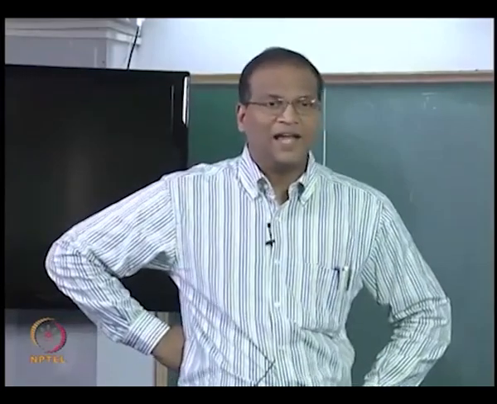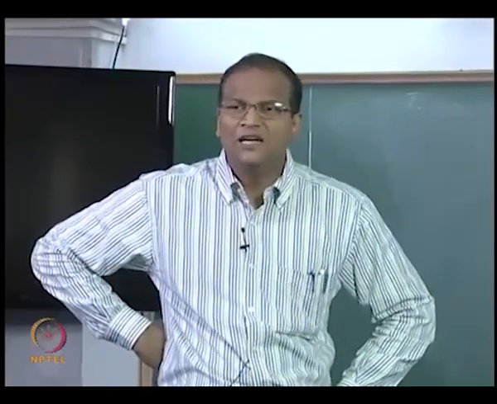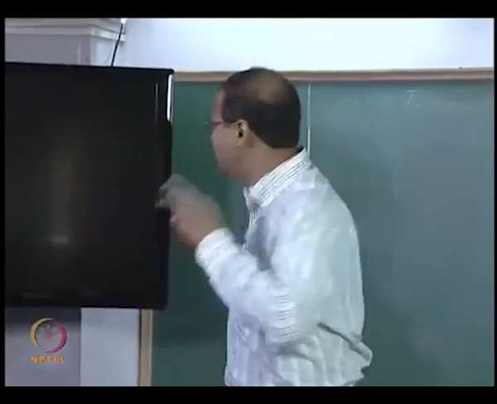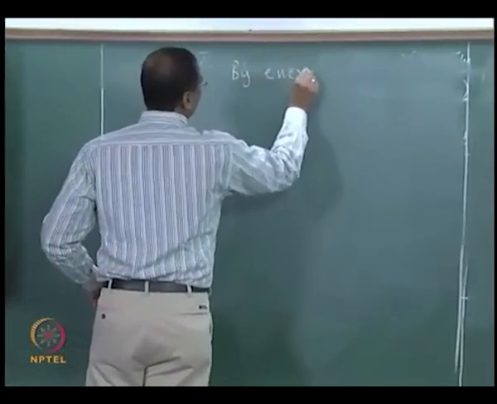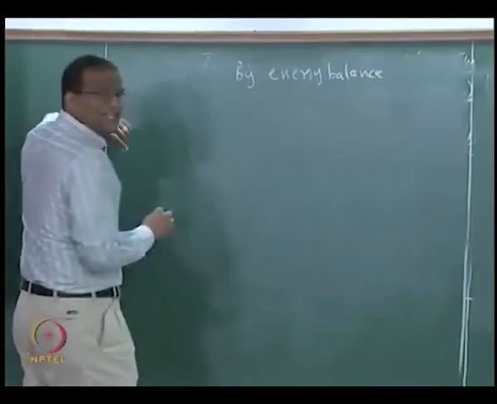But I have a simpler way of doing it. Whatever heat is generated by the fuel rod must be taken away by the fluid, by energy balance. What is the heat which is generated by the fuel rod?